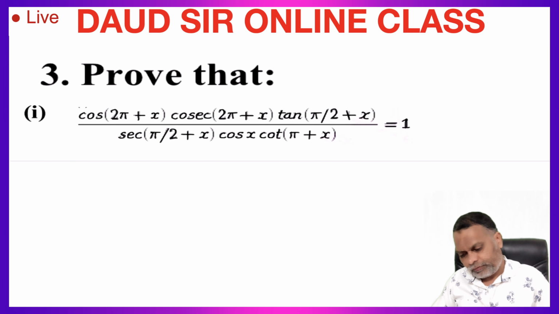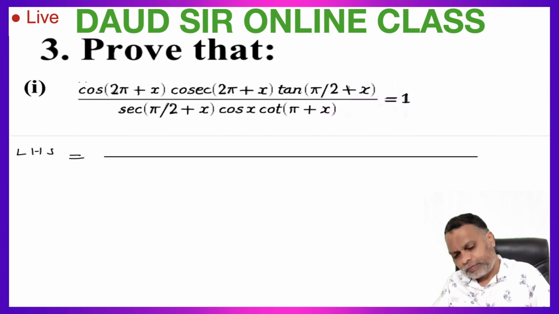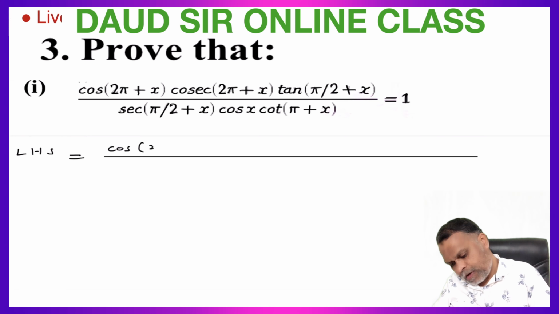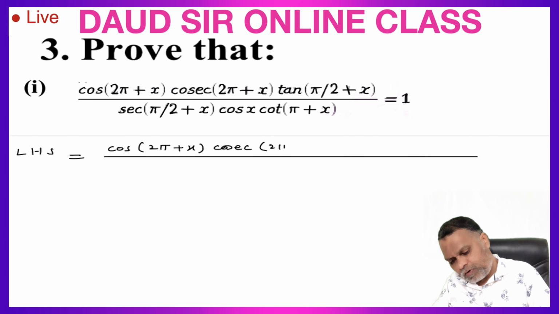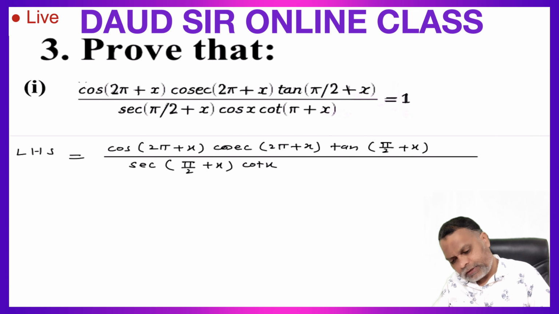Taking left hand side, cos 2 pi plus x into cosec 2 pi plus x into tan pi by 2 plus x whole upon sec pi by 2 plus x into cot x into cos x into cos x into cot pi plus x.